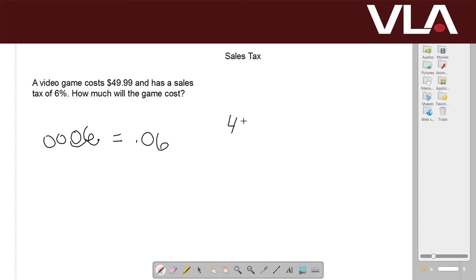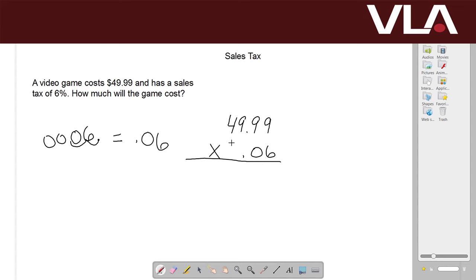So I'm going to take my $49.99. I'm going to multiply that by my 0.06. And let me switch colors.